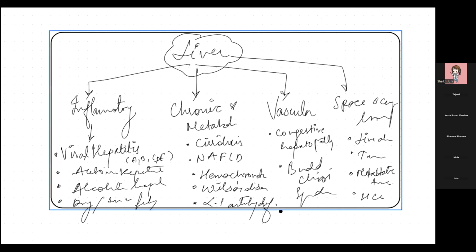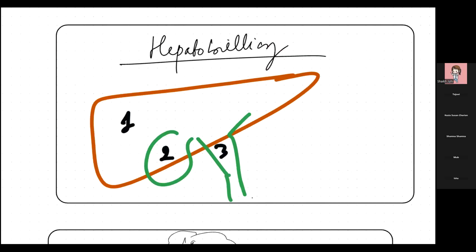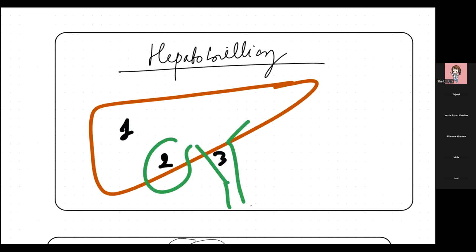So see, what we are discussing over here is the hepatobiliary diseases. Now, what is hepatobiliary? It is made up of two terms: hepato, the liver, and biliary, for the bile duct. I hope that this much is clear. The liver and the bile duct, and for bile, basically the gallbladder.